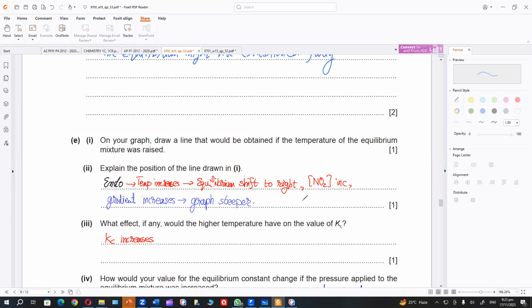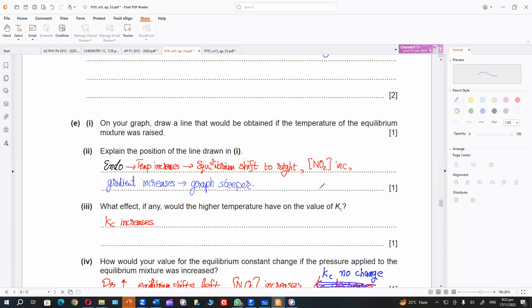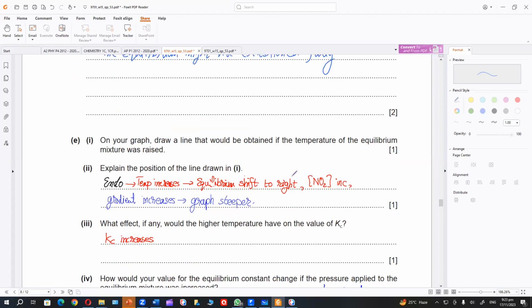So you have to give an explanation for that. Endo reaction, temperature increases, equilibrium shifts to the right, NO2 increases, gradient increases, graph is steeper.